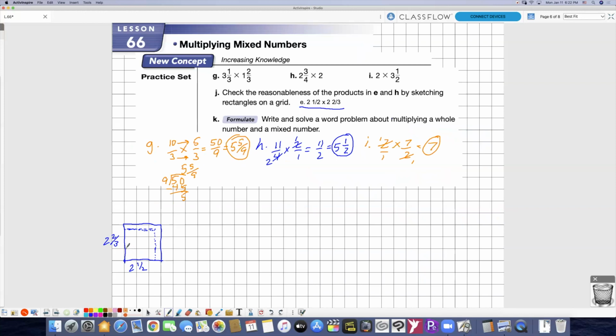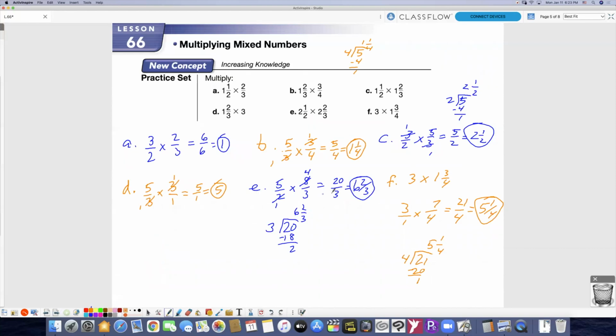So if we look at this, do we have 6? Well, we have 1, 2, 3, 4. This would count as 5. This would be 6, would be halfway, because that would be 6. And then if you're looking at the previous page, it was 6 2/3.